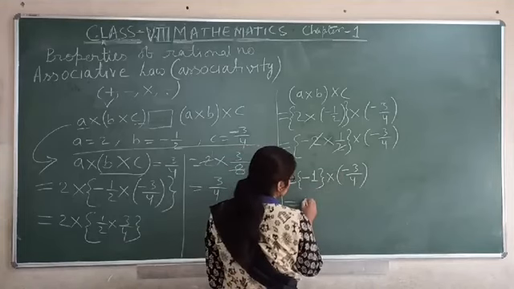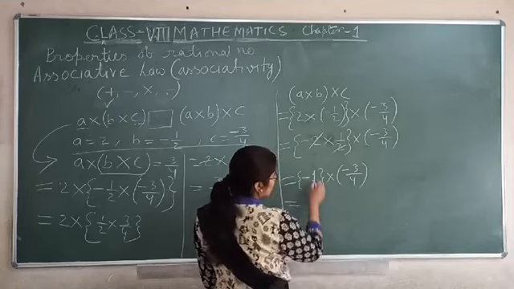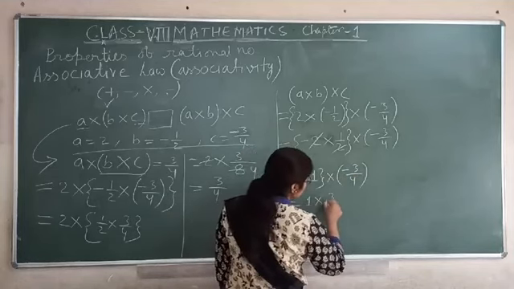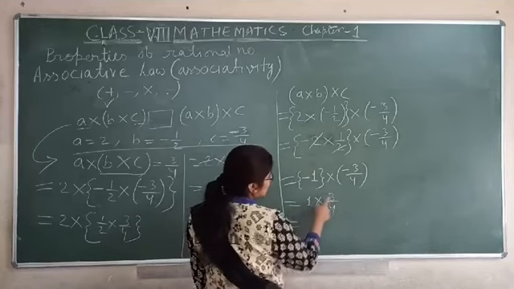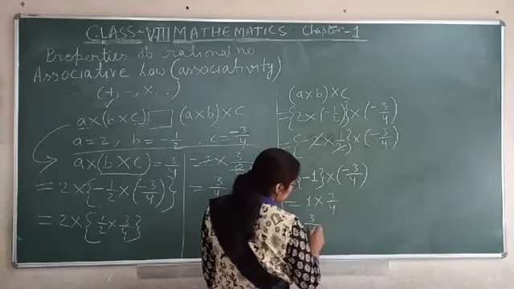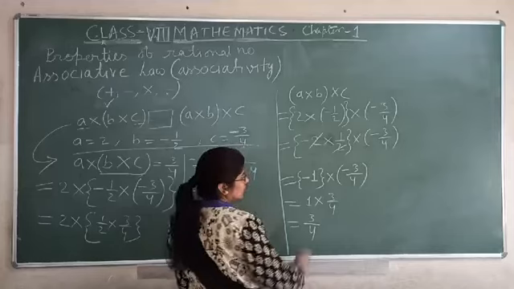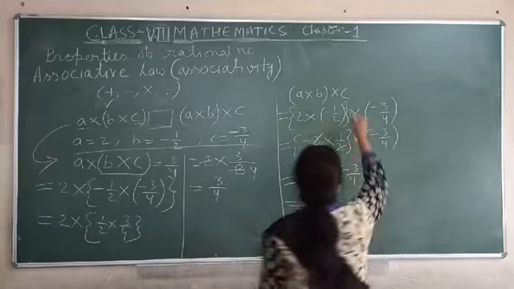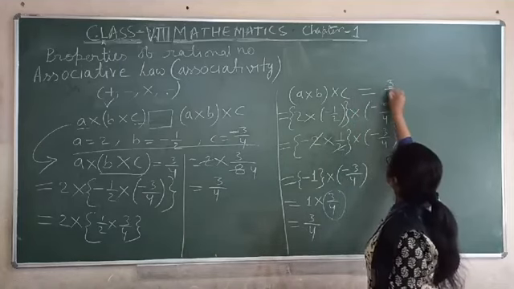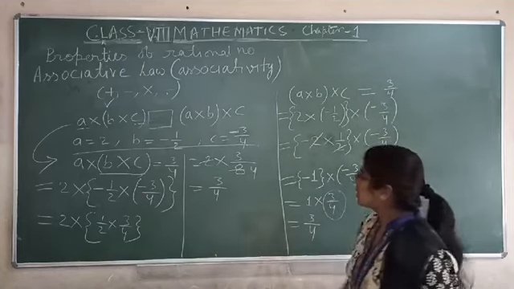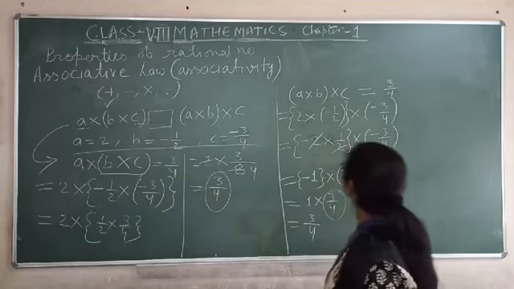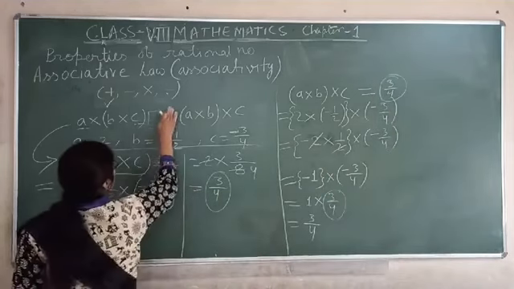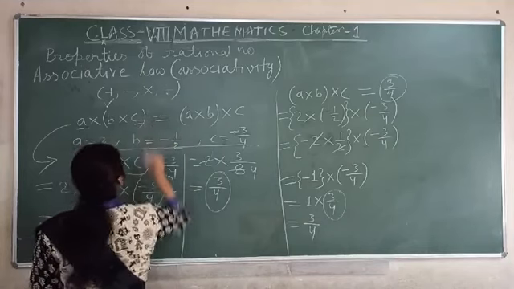Minus into minus is plus, no need to show the plus sign. 1 into 3/4; if anything is multiplied with 1 you will get 3/4. So you are getting the value of this one as 3/4. Look, in the first case also we are getting 3/4, here also we are getting 3/4. So we can say these are equal.